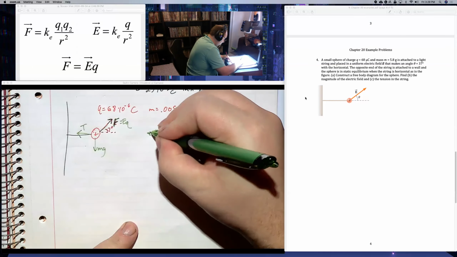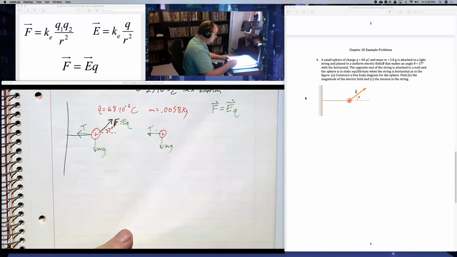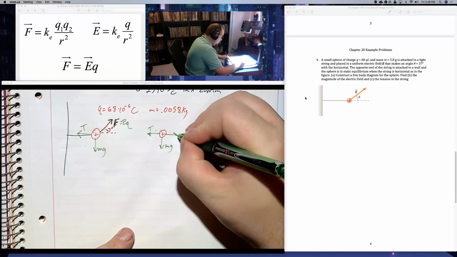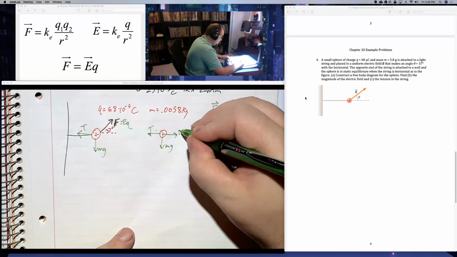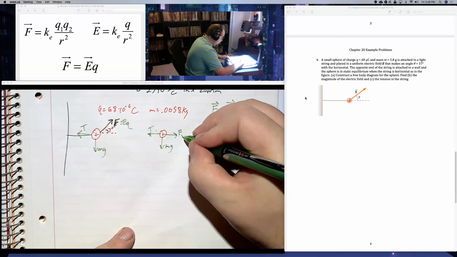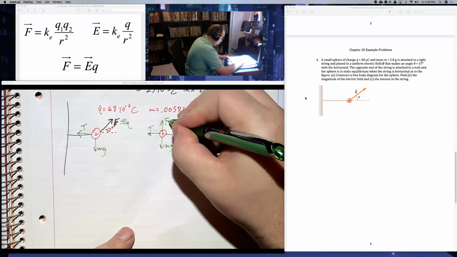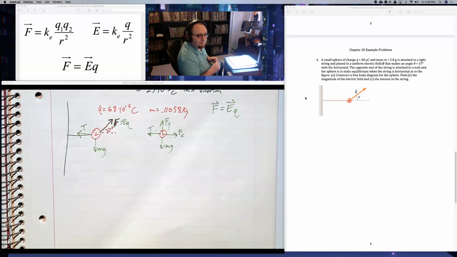They're fine, but this EQ needs to turn into an X component, which I'm just going to call F of X, and a Y component. Now it says it's in equilibrium and wants the magnitude of the electric field and the tension of the string.